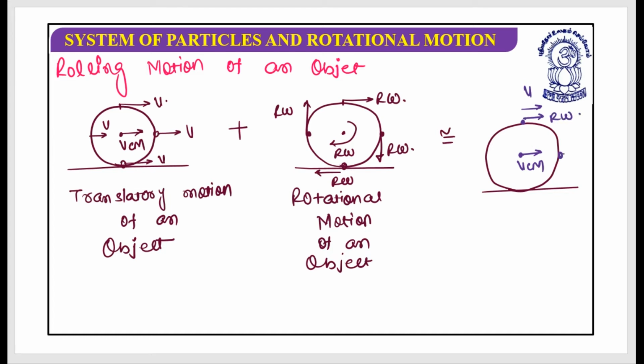For this particle, two components, one is v, another is r omega. For this particle which touches the ground, it will have two components, which are v and r omega. For this particle lying on the periphery, it's v in this direction and r omega in this direction. Is it clear?